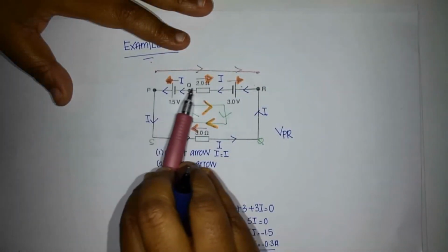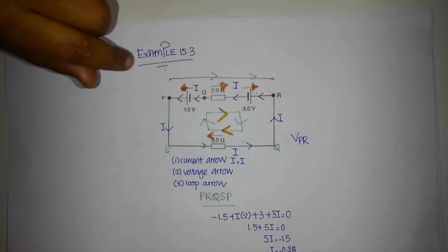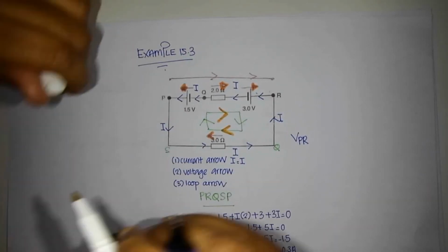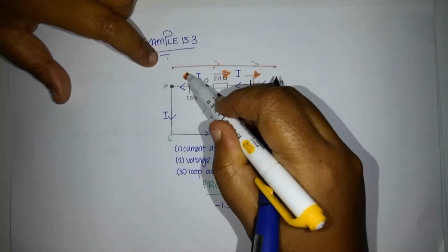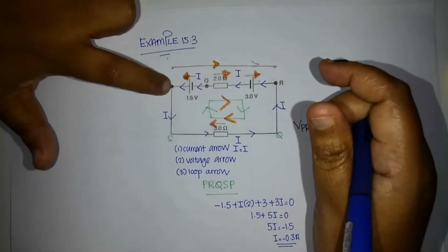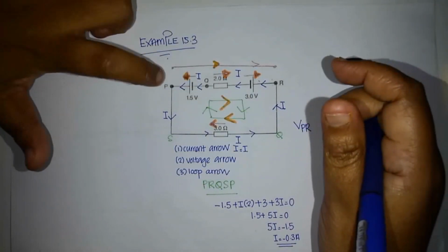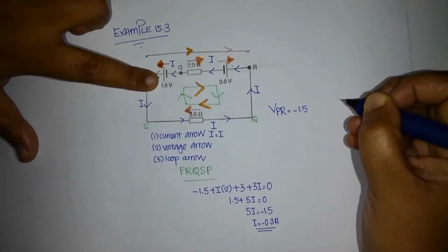I'm going to follow in this direction, and I'm going to take a different color pen. As I follow, I notice that the direction of my voltage arrow is opposite to the direction that I flow, so it will be negative 1.5.